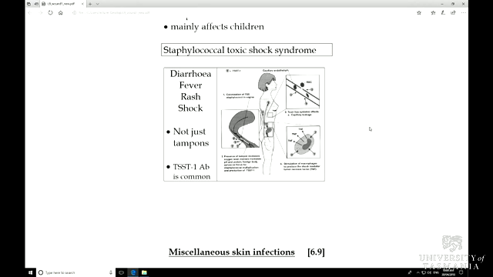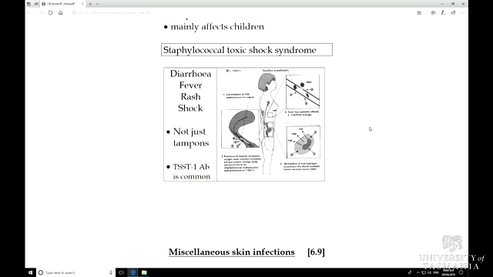It must first of all be in somebody who's not already positive for antibody. That's unusual, because most times by the time you're of age to menstruate, you're already positive for antibody and you're protected. Supposing you've gone through your whole life and you've not had a strain of Staph aureus that makes a toxin, and you're therefore non-immune.